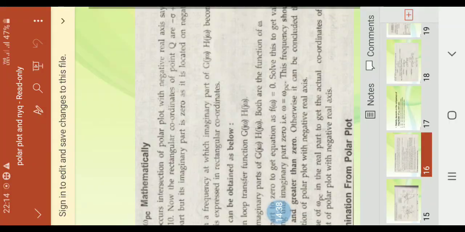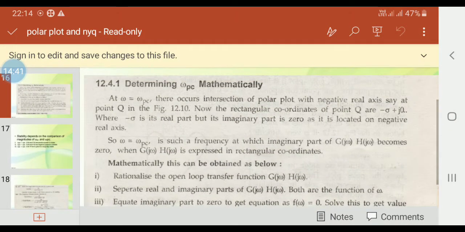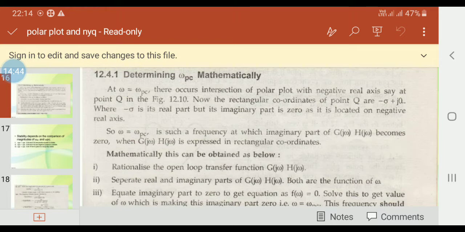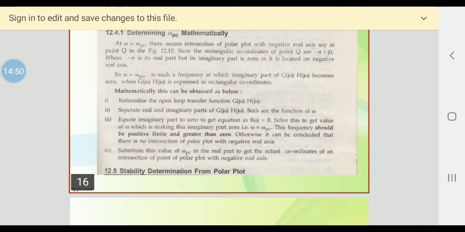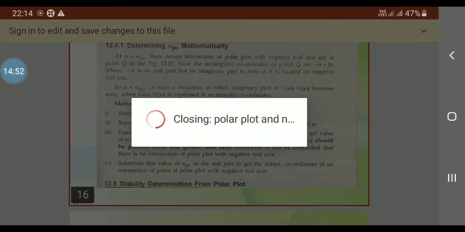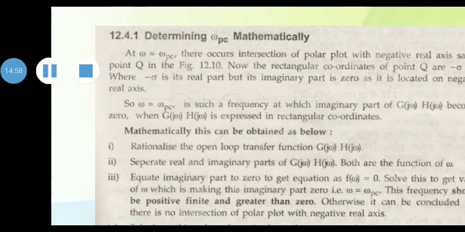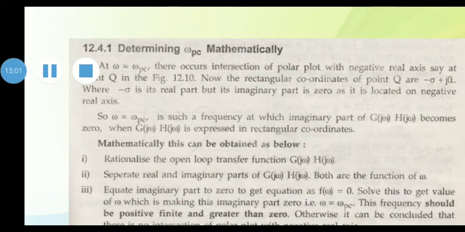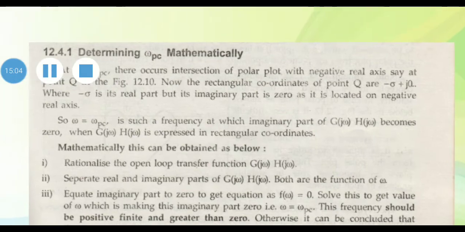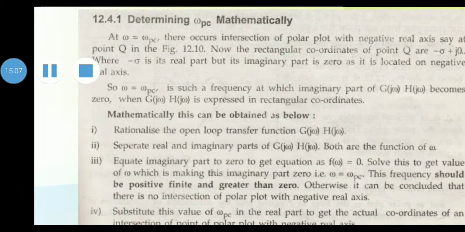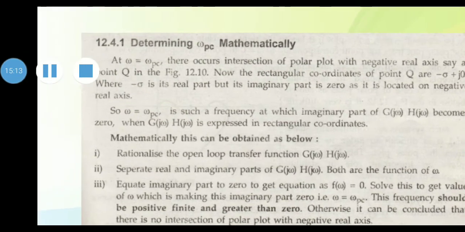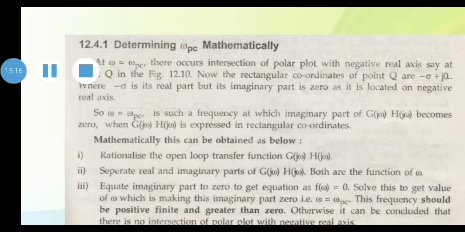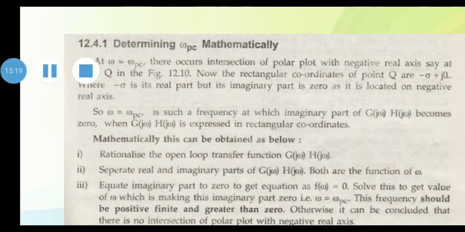So determining omega pc mathematically. At omega is equal to omega pc, there occurs intersection of polar plot with negative real axis, say at point Q. Now the rectangular coordinates of point Q are minus rho plus j0, where minus rho is its real part but its imaginary part is 0, which is located on negative real axis.